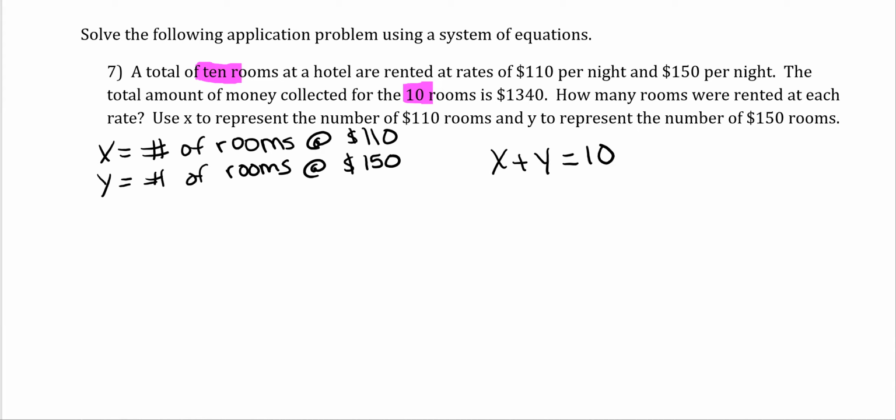So we have 110 times the number of rooms at that price plus $150 times the number of rooms at that rate. That's going to equal our total money. And then from here, you can use substitution or elimination to solve. It's up to you.